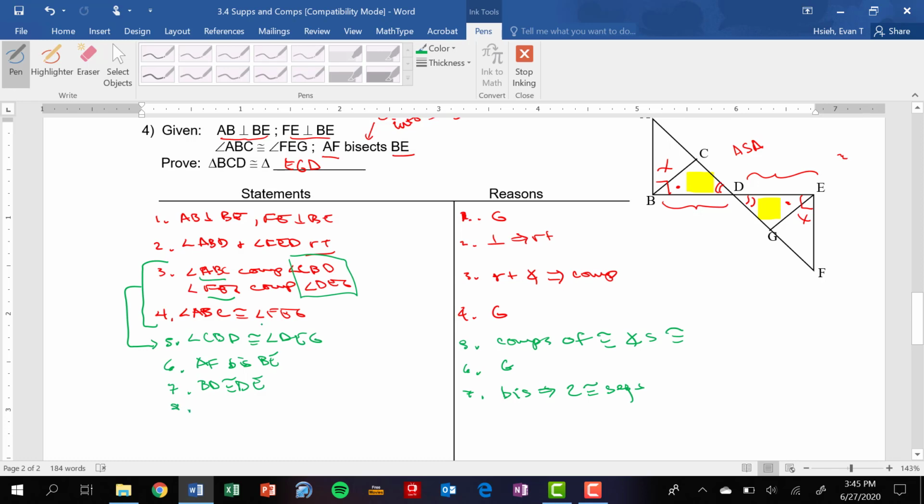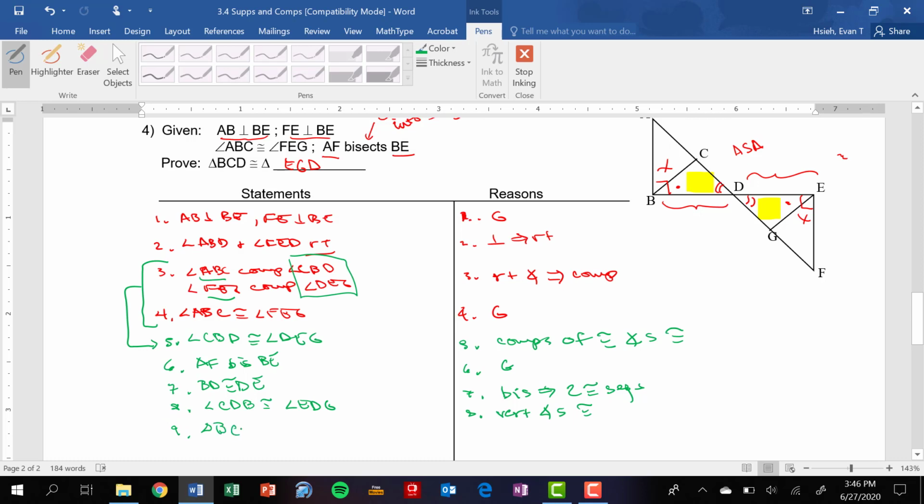Step 8, I'm almost done here. I got my vertical angles to put in there. So angle CDB is congruent to angle EDG. Vertical angles are congruent.